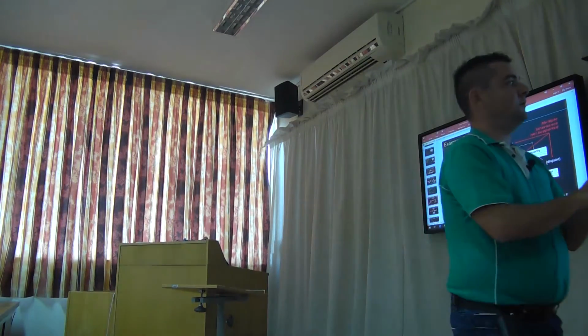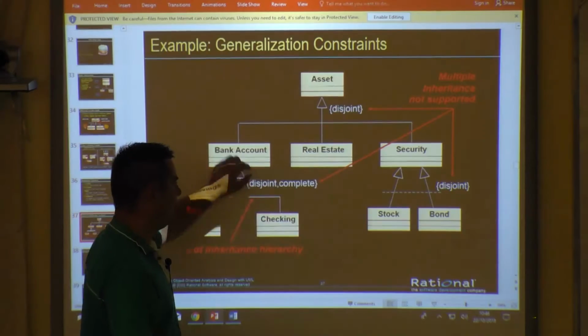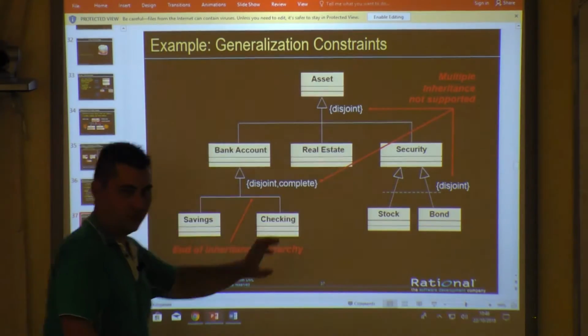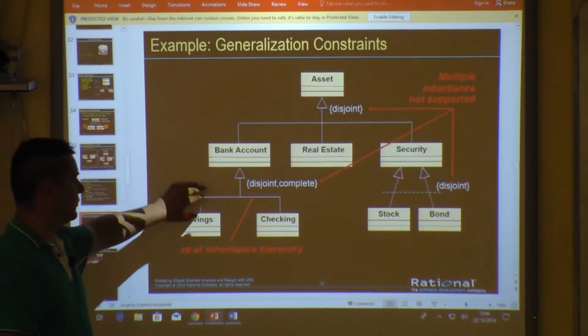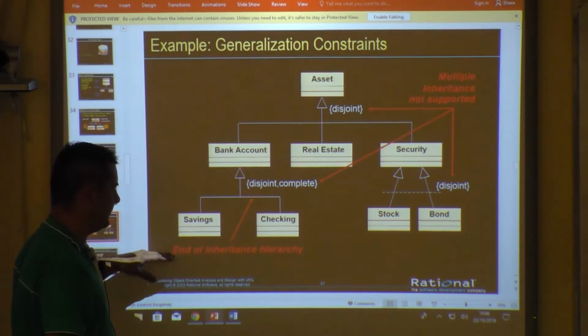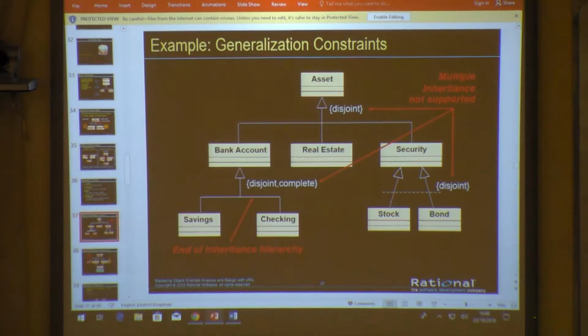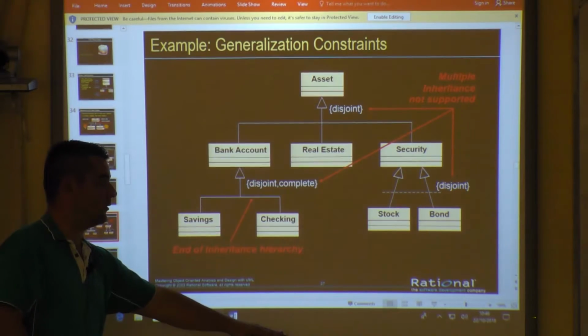Okay, so if we have an object of an asset, then it can only be a bank account or a real estate account or security. It cannot be multiple of them. Then we're seeing that it's disjoint and complete, meaning this will be the final end of the inheritance hierarchy. That is why we're seeing savings and we don't see anything down below.